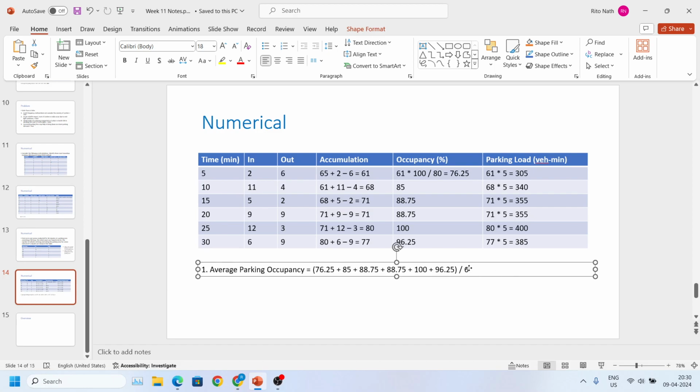So it comes out to be, let's calculate, 89 point, I think 17.